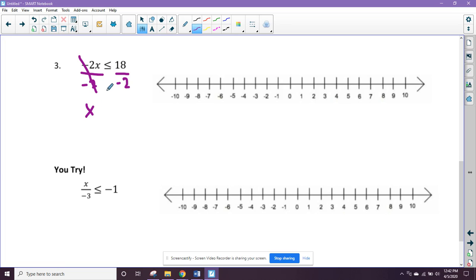Our sign, we can't bring it straight down. We have to flip it because we divided by a negative. So 18 divided by -2 is -9. So let's go over to -9. And it's going to be a closed circle pointing to the right.